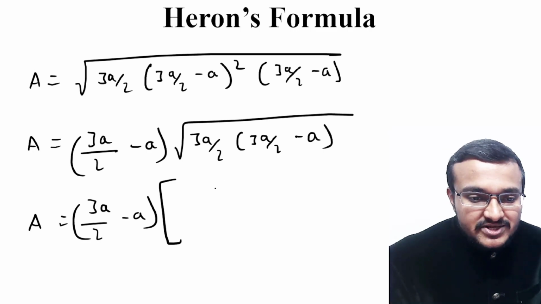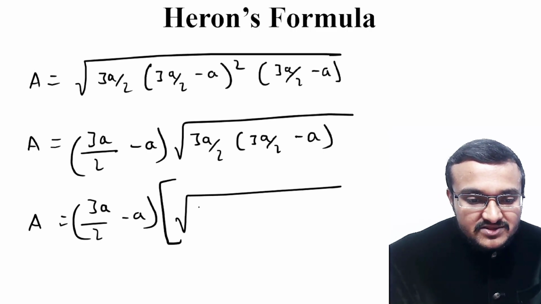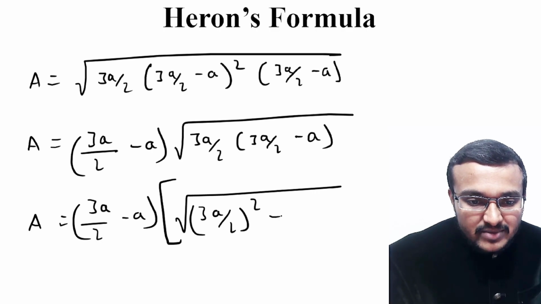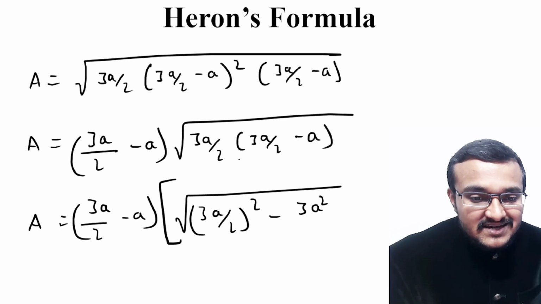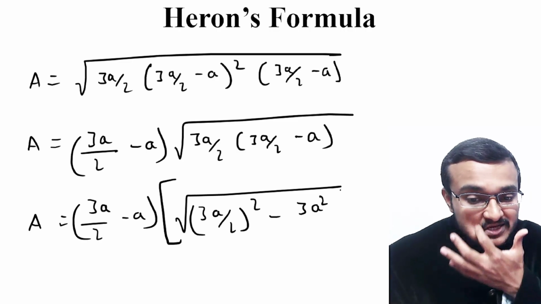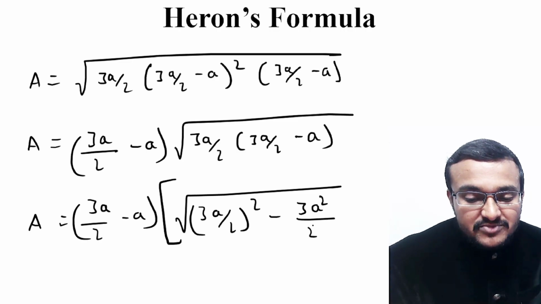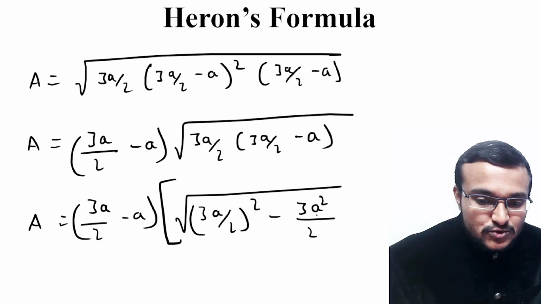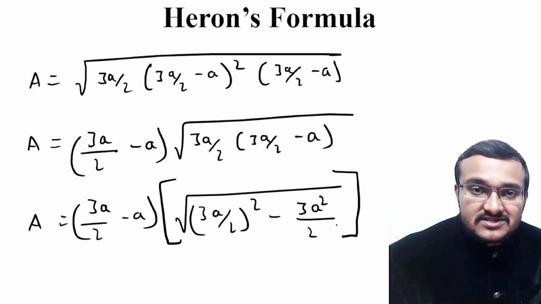So 3a by 2 into 3a by 2 will be (3a by 2) whole square. Then 3a by 2 minus a is there, so when you multiply this, it will become minus a square and 3 by 2 into a square. So minus 3a square by 2 we have got inside the square root.